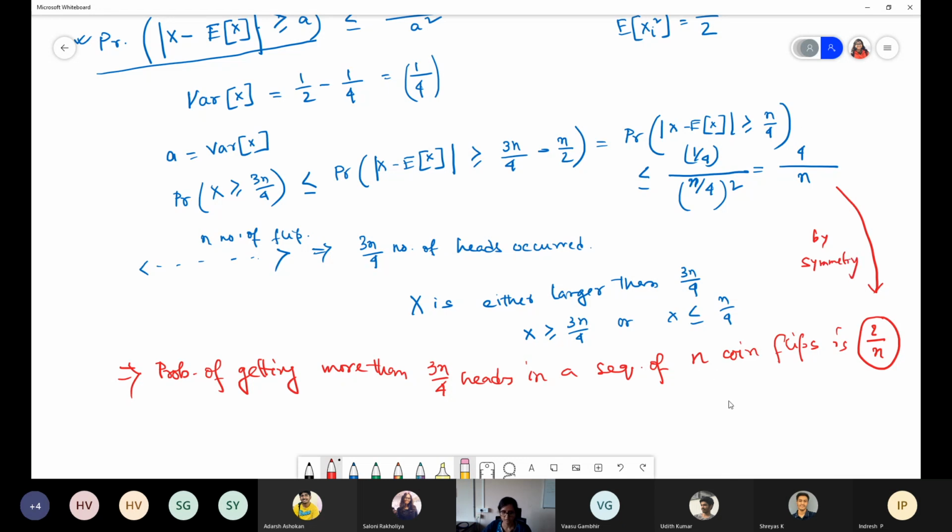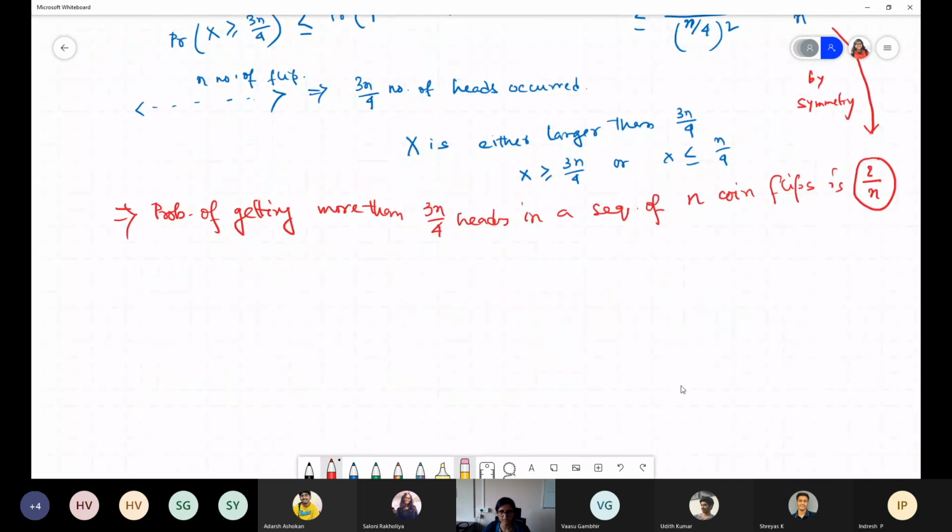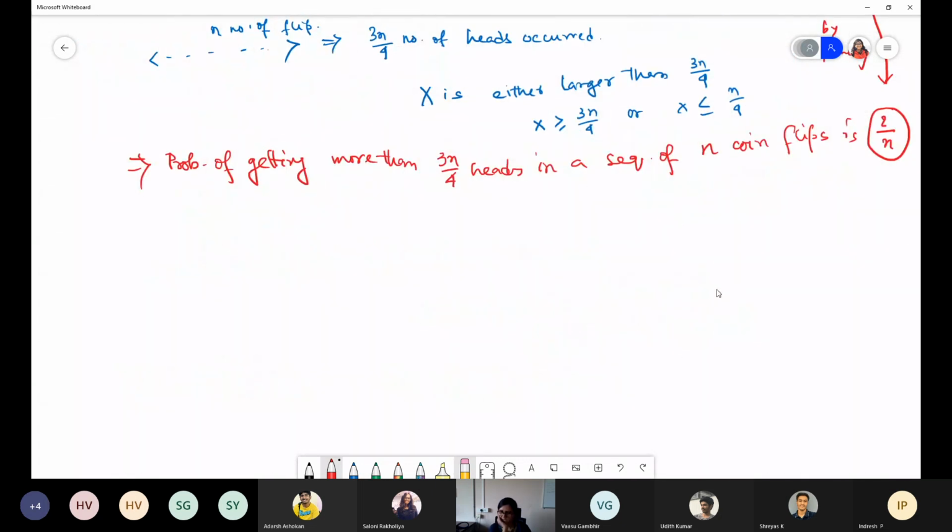Okay, so that is one application. If I ask you to find the probability, say, instead of a coin, you are rolling a die and trying to find the probability that it lands on, say, 5.